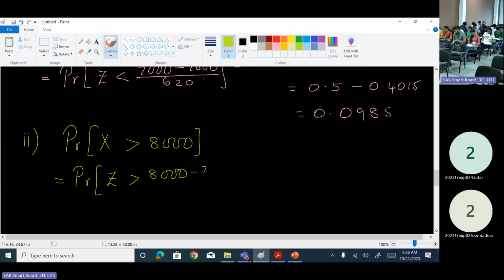8,000. Subtract mean, divide by sigma. Probability that Z is greater than 200 over 620, which is 0.32.